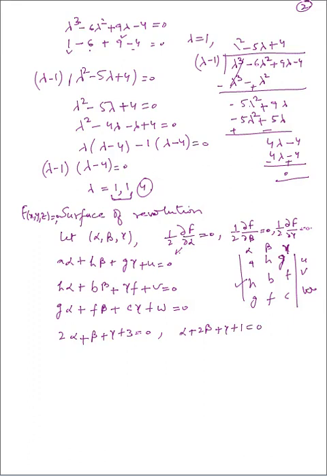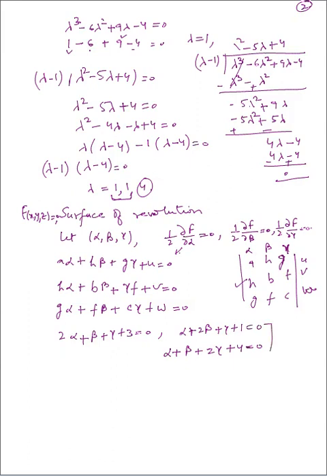Because we have already written values of a, b, c, which are 2, 2, 2, f is 1, g is 1, h is 1, u is 3, v is 1 and w 4, d is 4. So from here we got the third equation, which is alpha plus beta plus 2 gamma plus 4 is equal to 0.